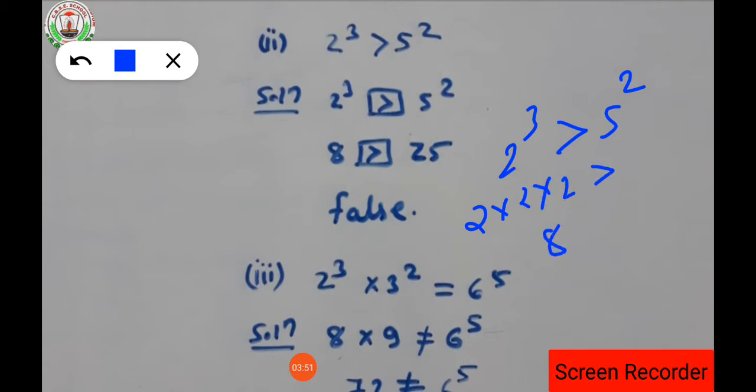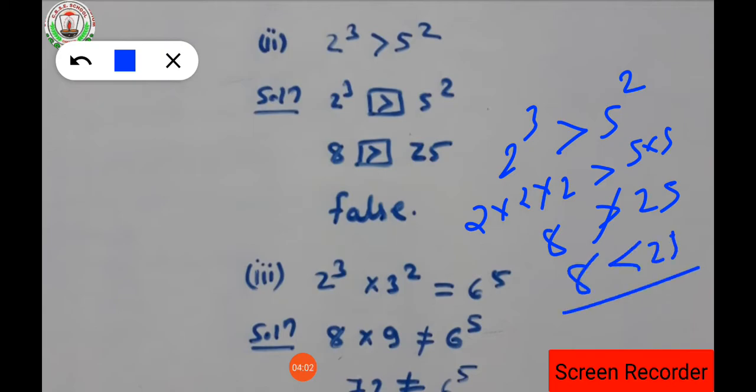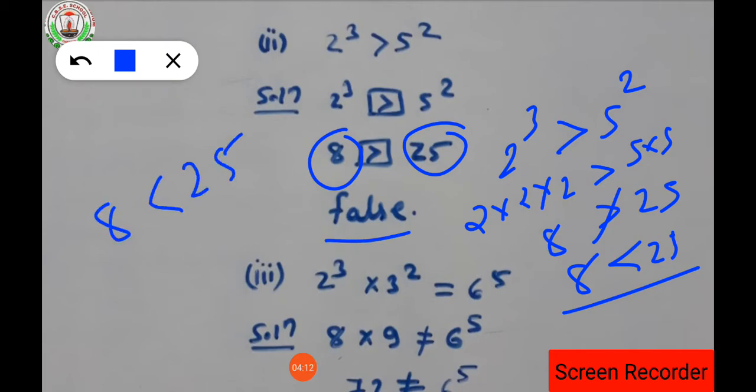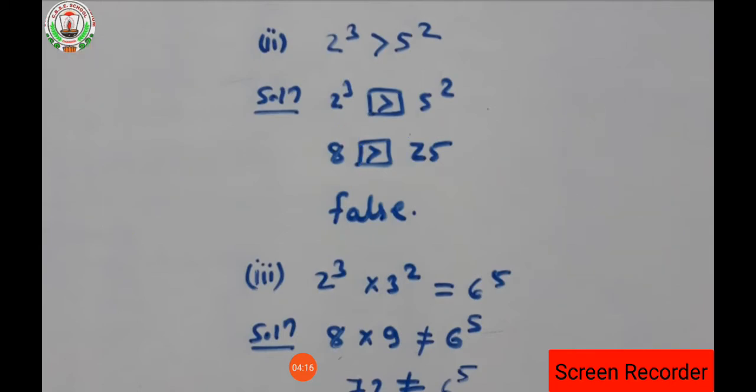Is it greater than 5 into 5? 5 into 5 is 25. So again it is not greater, 25 is greater than 8, isn't it? So the statement is again wrong. It is said that 8 is greater than 25, but when we solved, it is a false statement. It is 25 that is greater than 8. Clear everyone? Hence again it is a false statement.